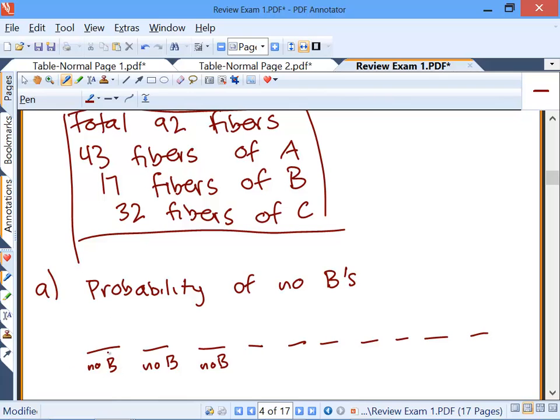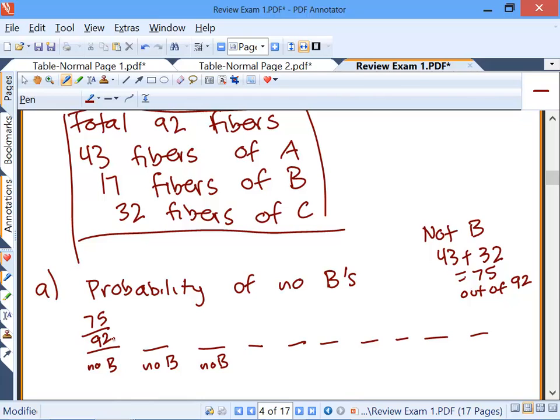On the very first one, what is the probability of getting something that is not B? Not B is 43 plus 32, which is 75 out of our total of 92. So for my very first draw, there are 75 possibilities out of 92.